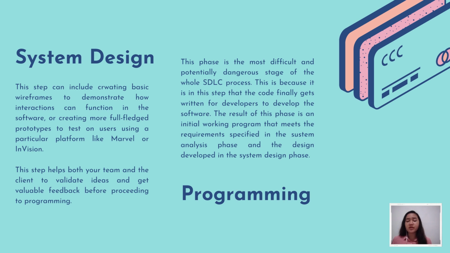Depending on the software development process your team is using, this step of the SDLC can include creating basic wireframes to demonstrate how interactions can function in the software, or creating more full-fledged prototypes to test on users using a platform like Marvel or InVision.